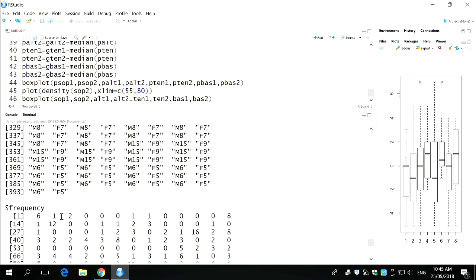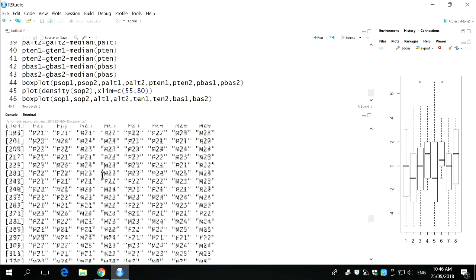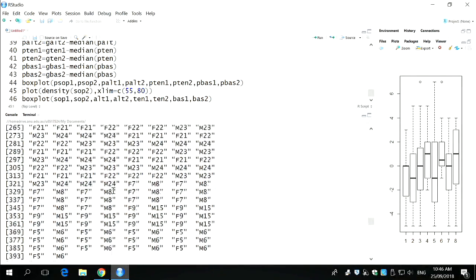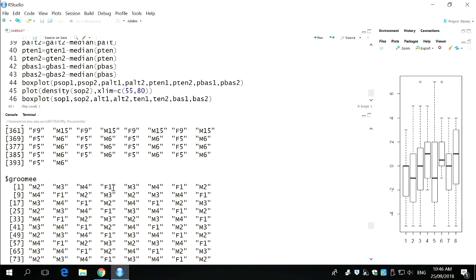For the first session, which was 127 minutes long, F1 groomed M2 6 times, F1 groomed M3 once, and you can see the third one, F1 groomed M4 twice. And then you cycle through the other pairs. Looking at the fourth one, you're on to M2 grooming F1, and so on.